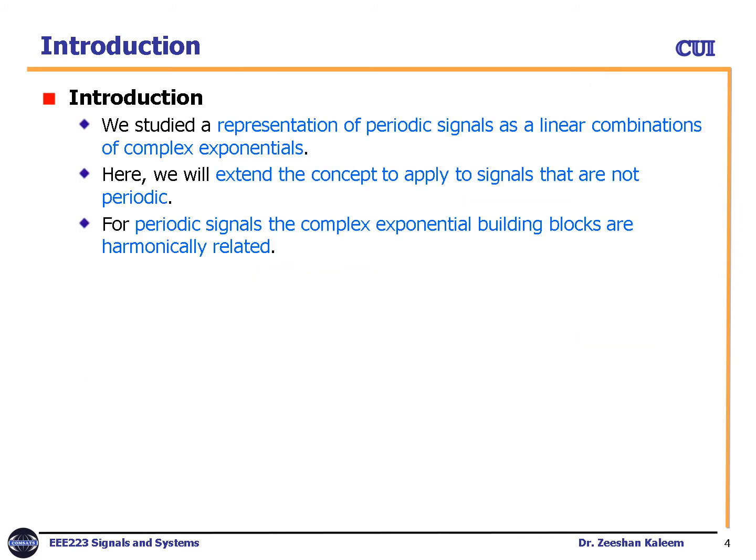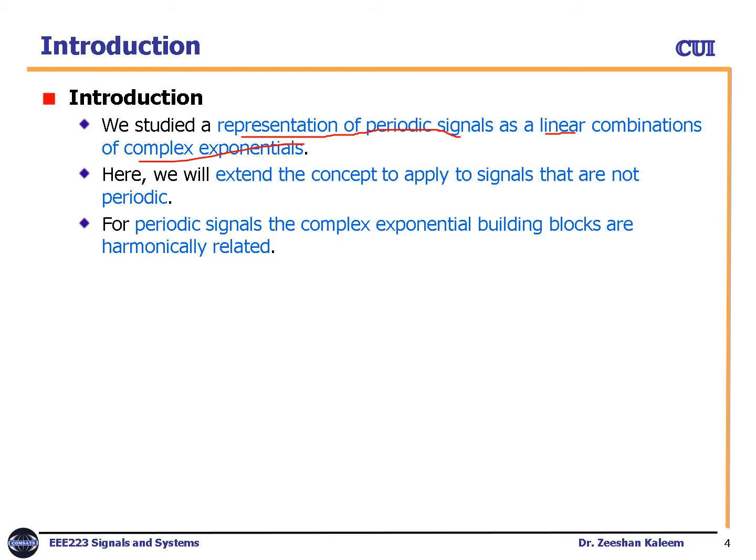Introduction. Let's introduce why we need a Fourier transform, what the difference is between the Fourier transform and the Fourier series, and where we can adopt the Fourier transform and where we can use the Fourier series. We studied the representation of periodic signals as a linear combination of complex exponentials.